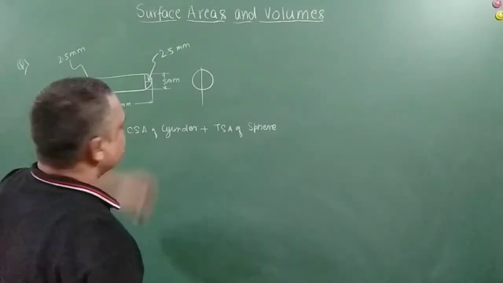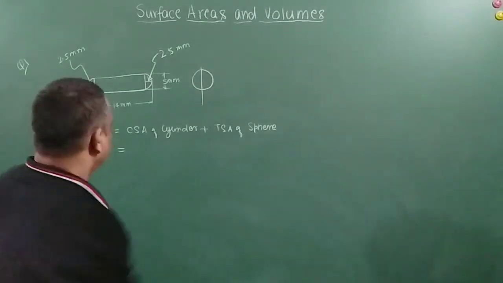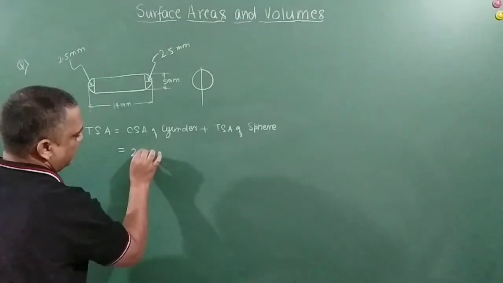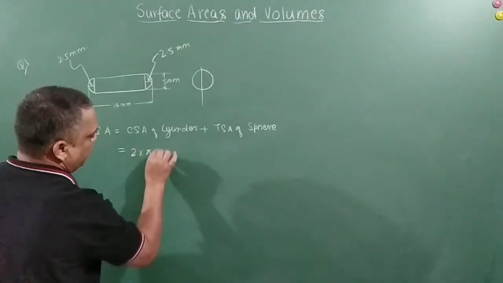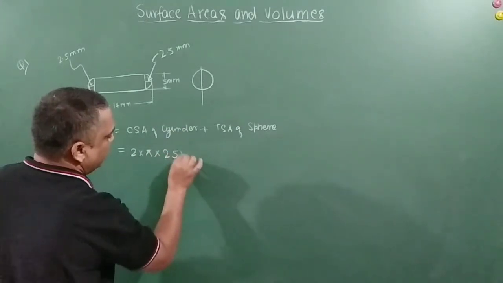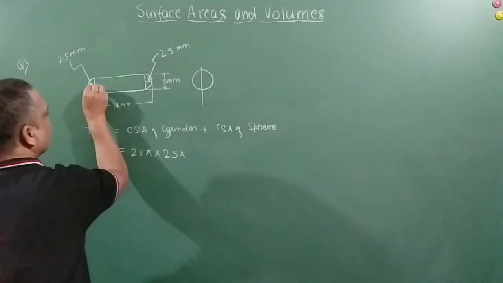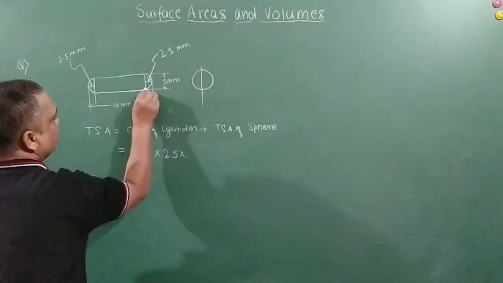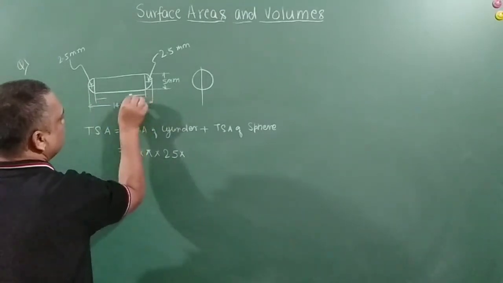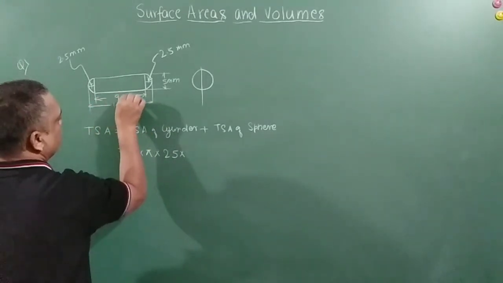So curved surface area of a cylinder is 2 pi r h. Correct? So 2 into pi into r, which is 2.5, into h, which is, see, 2.5 gone from here, 2.5 gone from here. This remaining length is 9 mm.